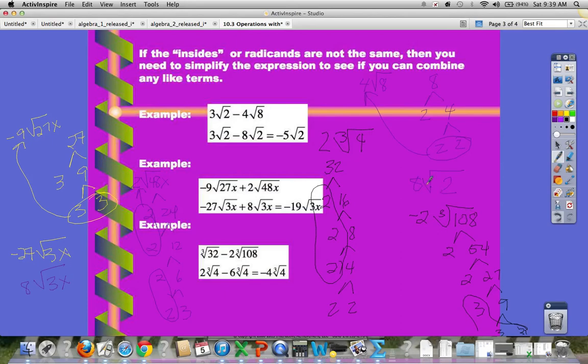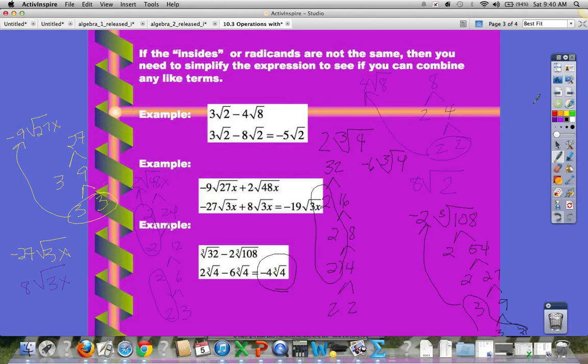Okay, so that's a 3 that comes out and multiplies to what's already out there. So that's going to be a negative 6 cube root of, and that's 2 times 2, which is 4. All right, so now we have 2 minus 6, which is negative 4, and that makes this negative 4 cube roots of 4. Okay, so it's all about simplifying.